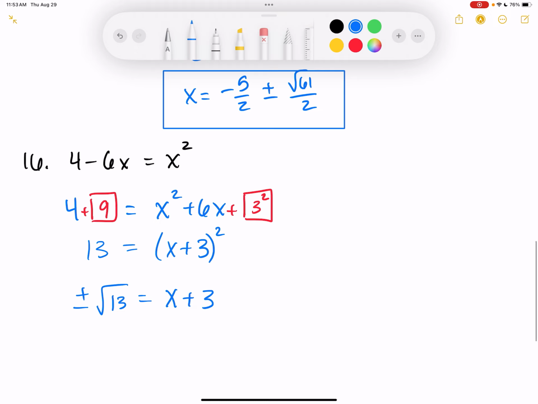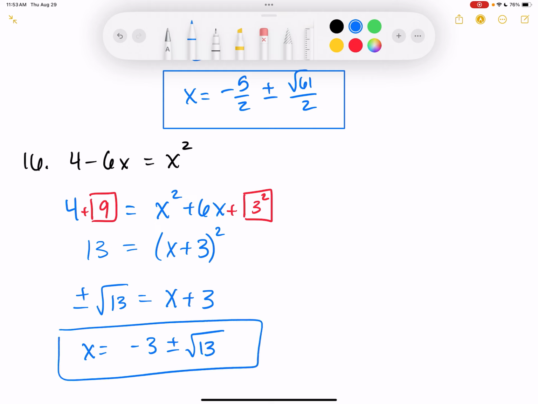Yep. So we did the plus or minus when we took the square root, and then x plus 3, and so ultimately we're going to have that x is equal to negative 3 plus or minus the square root of 13. And since the x was on the right side, if you had left it on the right side, that would have been fine. I just flipped the whole thing because I like the x on the left.